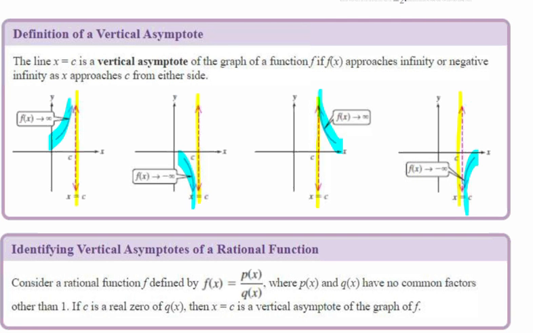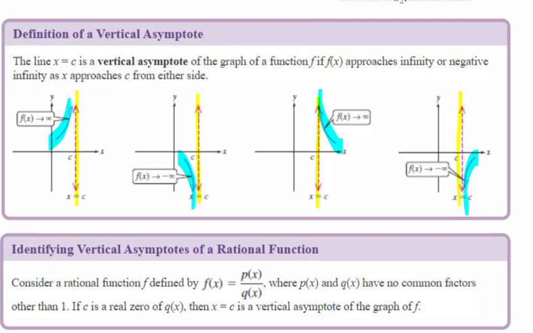So if we consider a rational function f that's defined by p of x divided by q of x, where p of x and q of x are their own equations that come together to make a brand new equation, and they have no common factors other than the number 1. If c is a real 0 of q of x, then x equaling c is going to be a vertical asymptote of the graph because it can't ever get there.